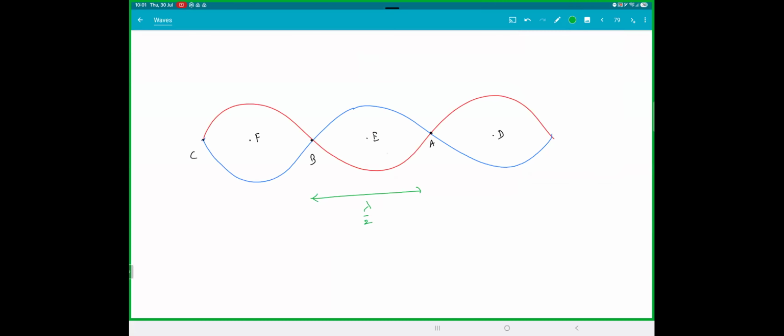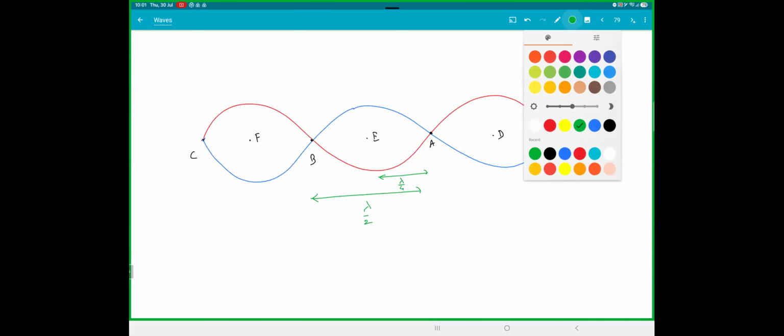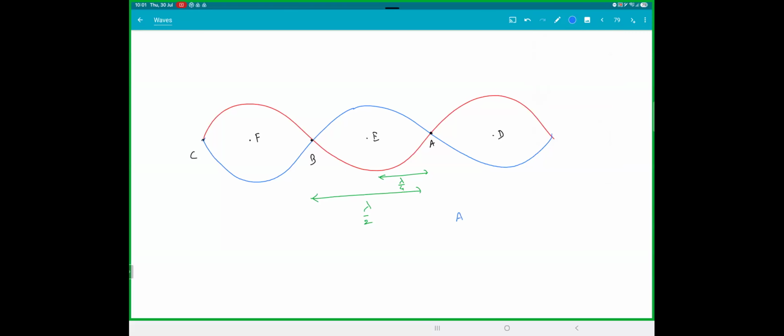The distance between these two guys was lambda by 4. A, B, C are nodes. So how does this look like actually? Meaning picture wise, so ठीक है, we understood. D, E, F are antinodes.